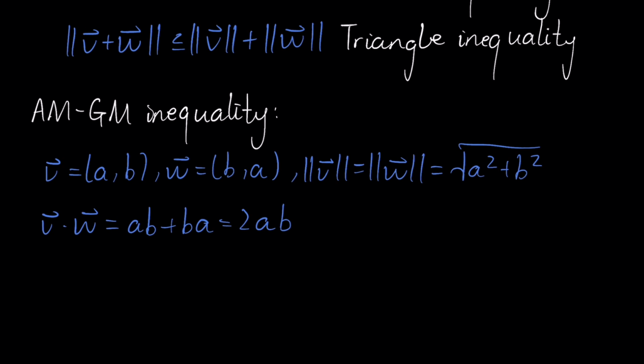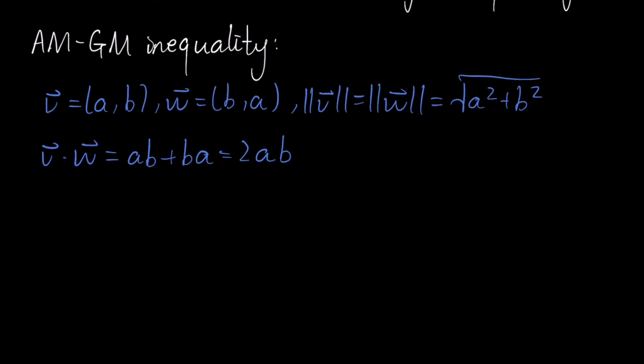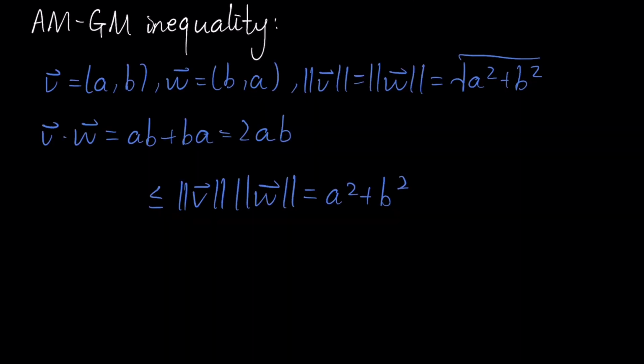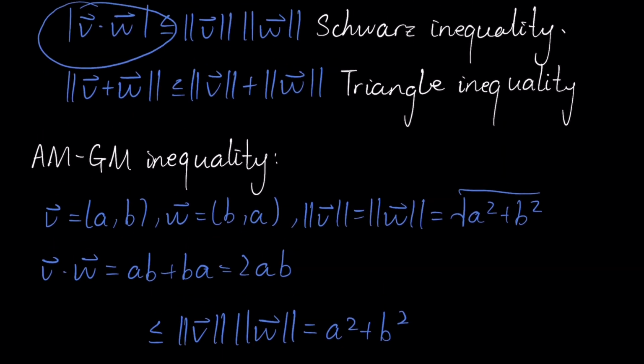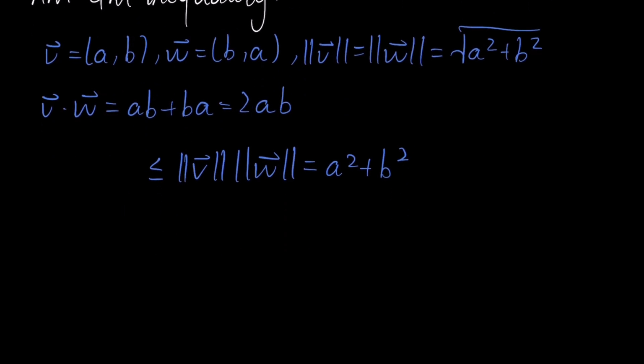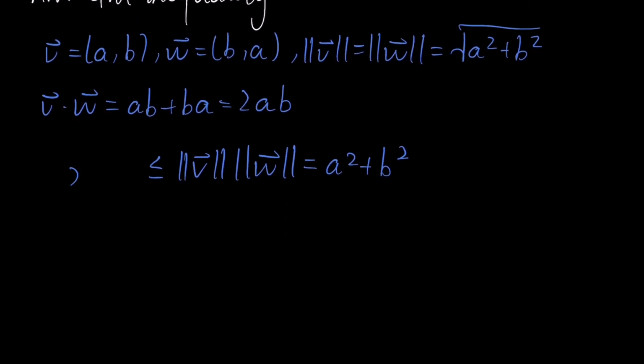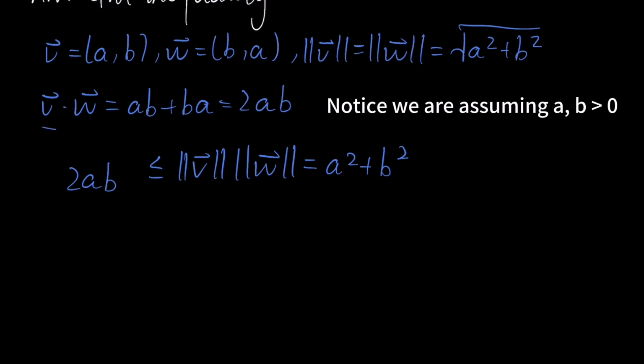And now, from the Schwarz inequality, their lengths multiplied together, which is a squared plus b squared, is greater or equal to the dot product's absolute value. So that is greater or equal to 2ab, because their dot product is 2ab.